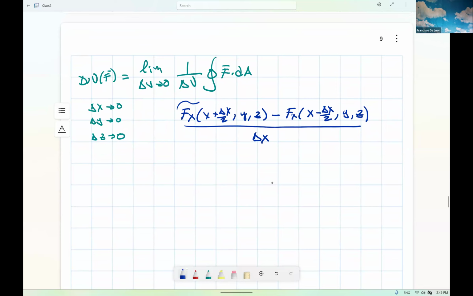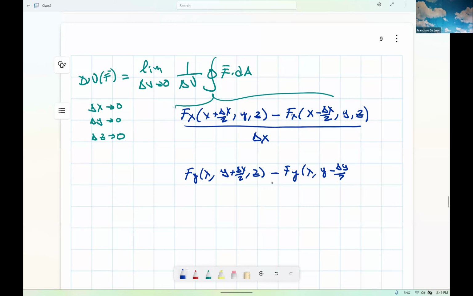Then the second term will be f_y of (x, y plus delta y by 2, z) minus f_y of (x, y minus delta y by 2, z), divided by delta y.